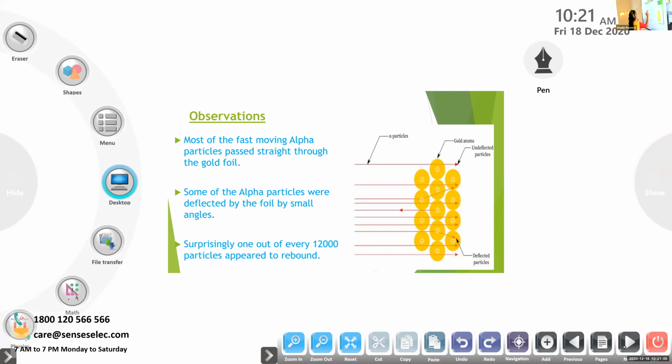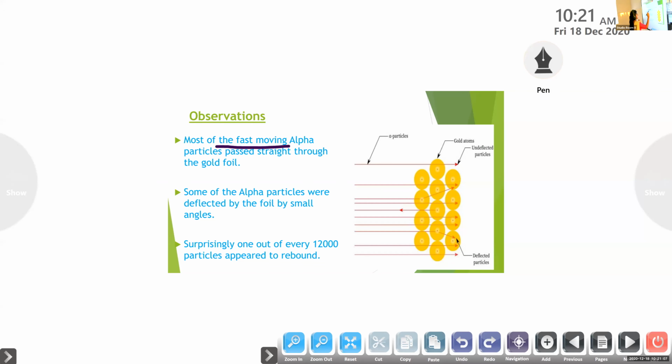Most of the fast moving alpha particles passed straight through the gold foil. Look at this figure. These lines are considered as alpha particles. Most of the alpha particles pass through this gold foil, right? So the first observation is that most of the fast moving alpha particles pass straight through the gold foil, okay?